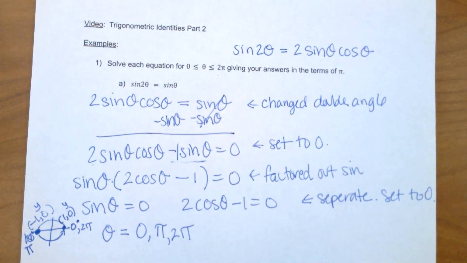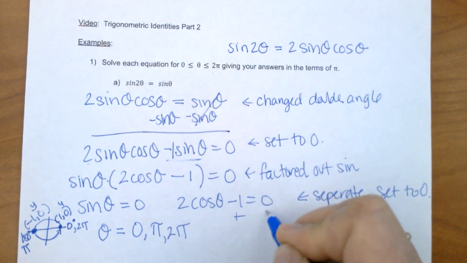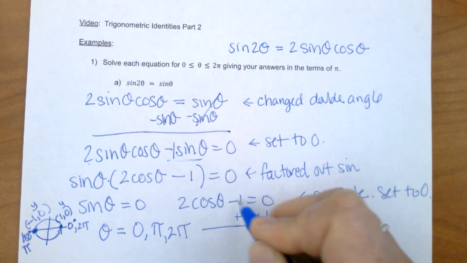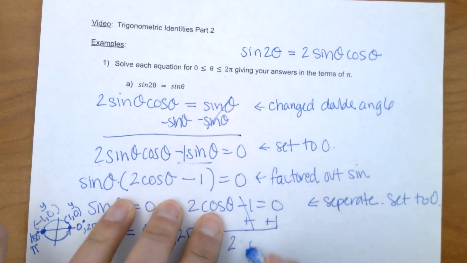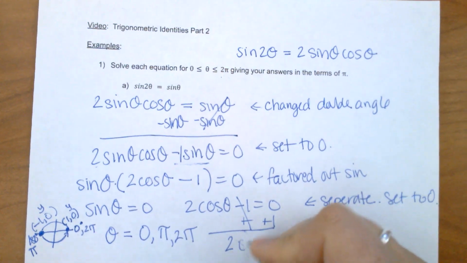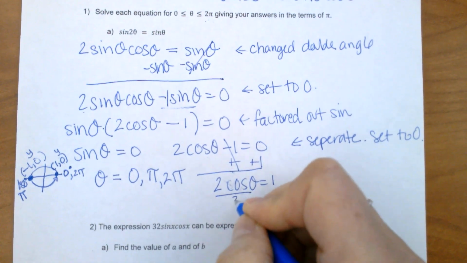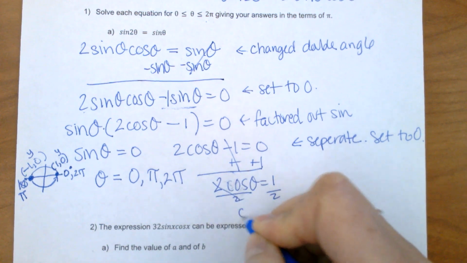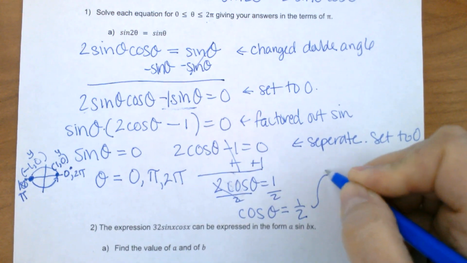Excellent. Okay, now let's solve this one: 2 cosine theta minus 1. I'm going to add 1 to both sides. So I'm at 2 cosine theta equals 1. Yes, I divide by 2. So I'm at cosine theta equals 1/2 up here.